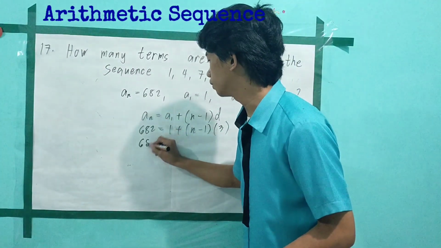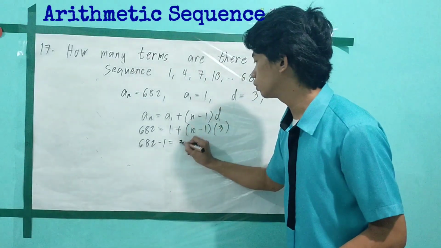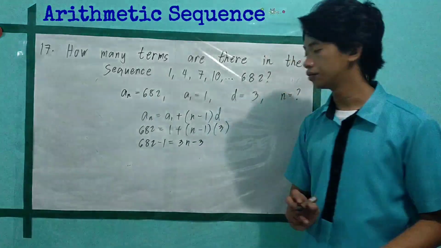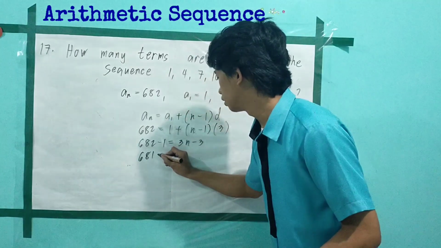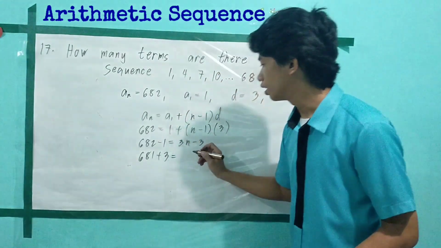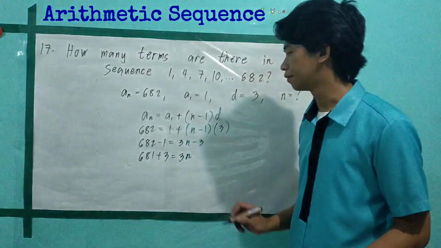Okay, using APE, we have 682 less 1 is equal to n multiplied by 3, we have 3n. Negative 1 multiplied by 3, we have negative 3. So we have 681 plus 3. Yung negative 3, nilipat natin doon, is equal to 3n.